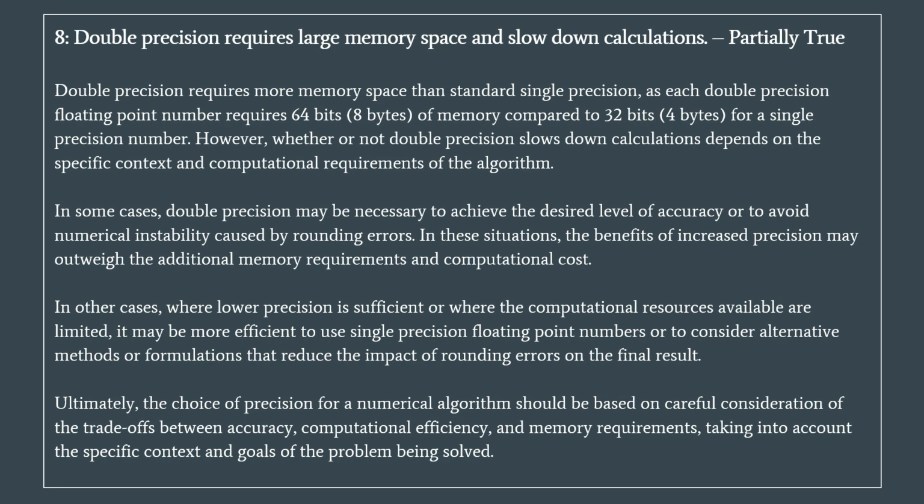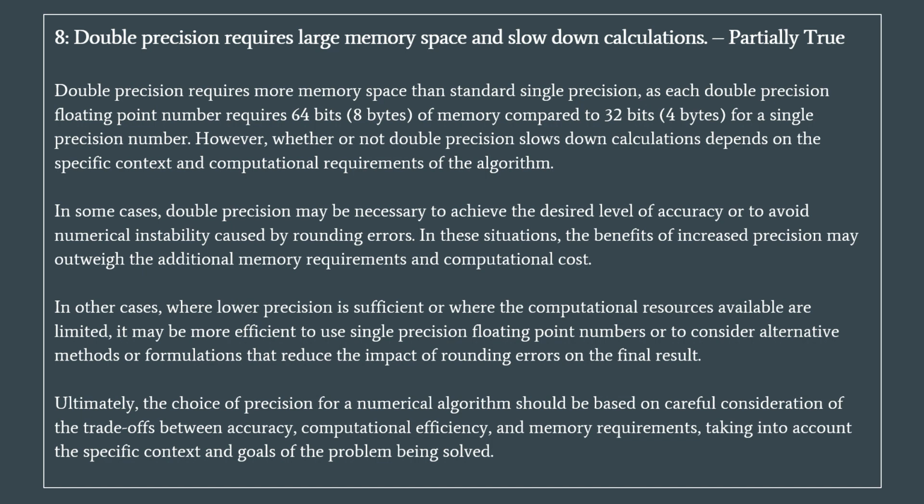However, whether or not double precision slows down calculation depends on the specific context and computational requirement of the algorithm. So in some cases, double precision may be necessary to achieve the desired level of accuracy or to avoid numerical instability caused by rounding errors.